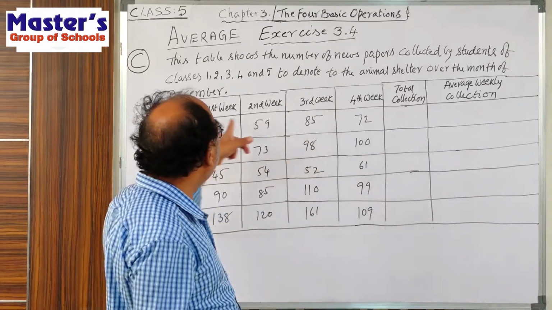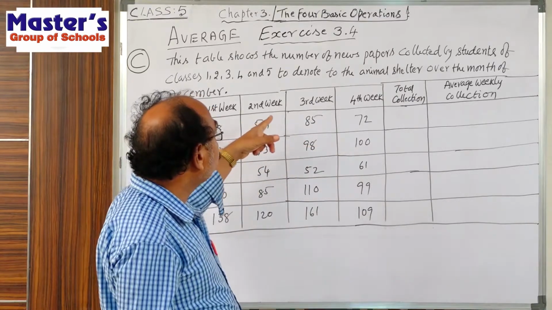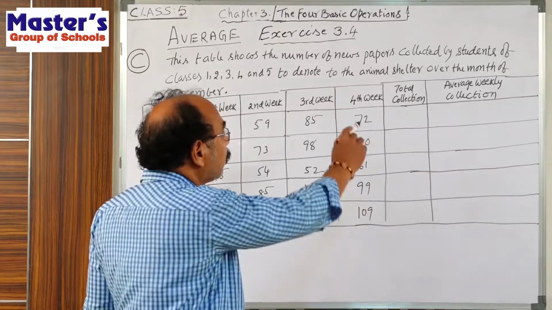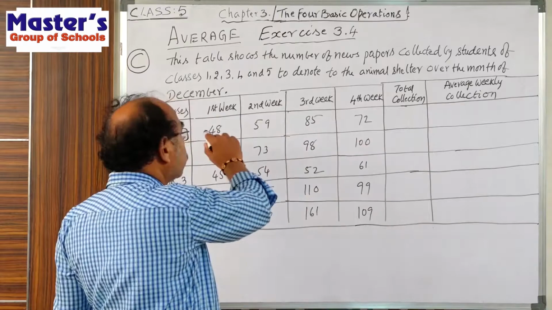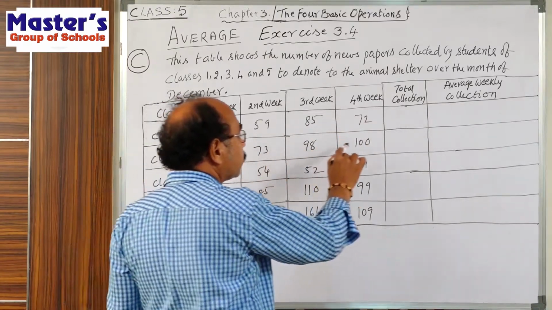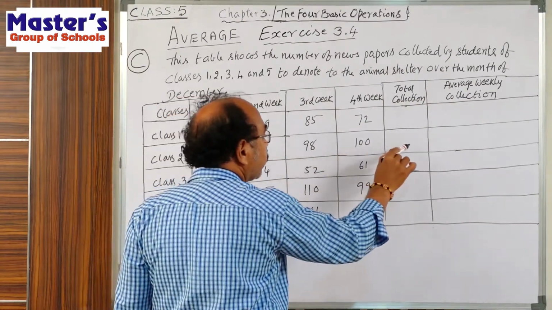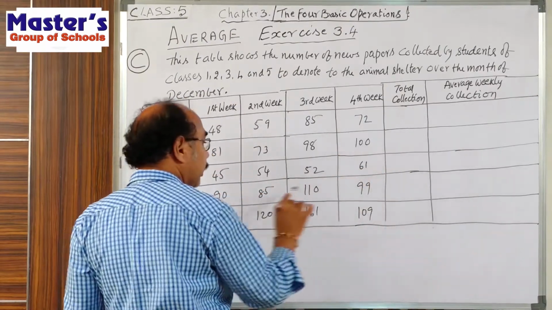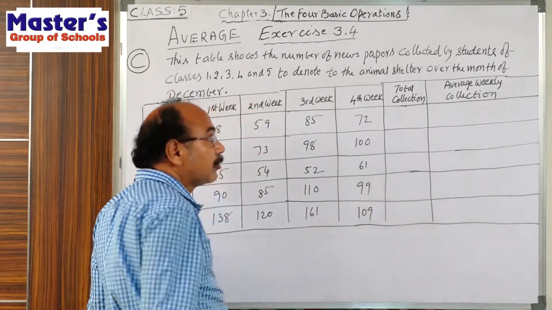So in all the 4 weeks, total number of newspapers collected by the first class students, first class total collection, add all these numbers and write. Second class total collection means add these 4 numbers and write here. Third class total collection, fourth class total collection, fifth class total collection.